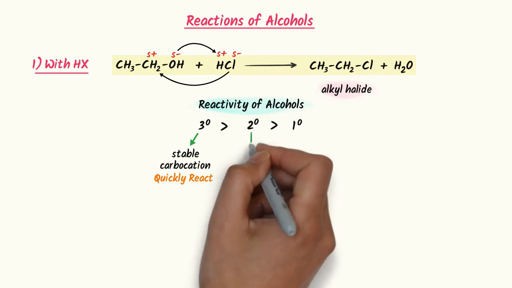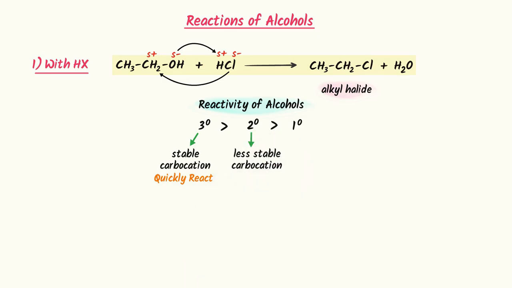Secondly, 2-degree alcohol forms moderately stable carbocation and its reaction has medium speed, while 1-degree alcohols form unstable carbocations, so their reactions have slow speed. Thus, note down this important point.